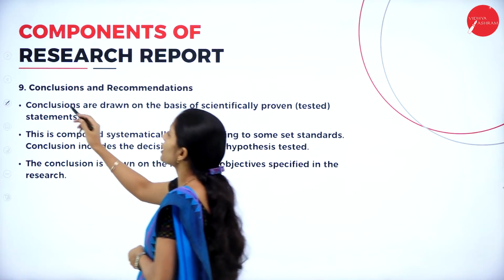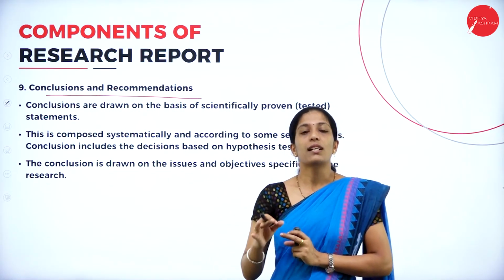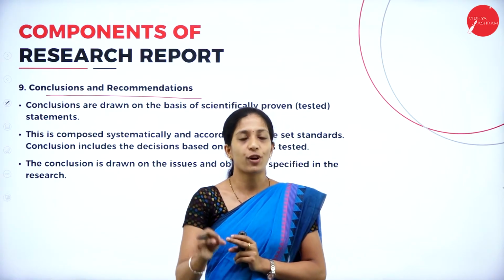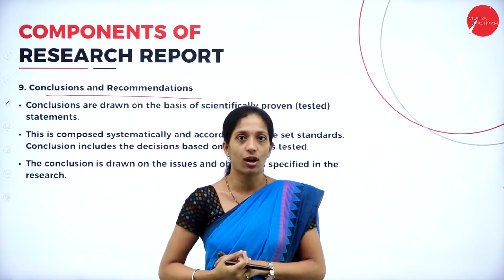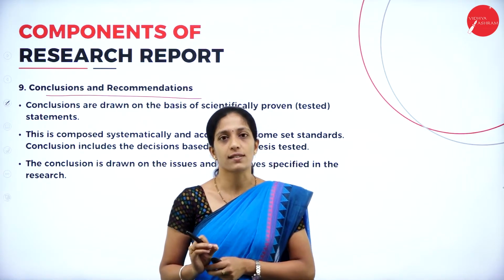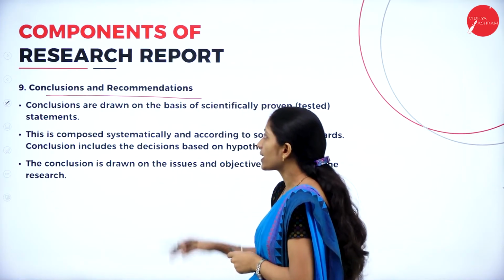Next is conclusions and recommendations. Now, the researcher has found out what the actual research problem is and how it has to be solved. Now, the researcher has to give the conclusion for his research report and recommendations also. So, let us see what it is.